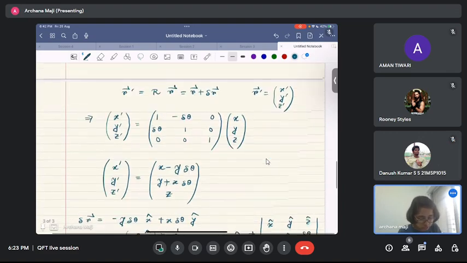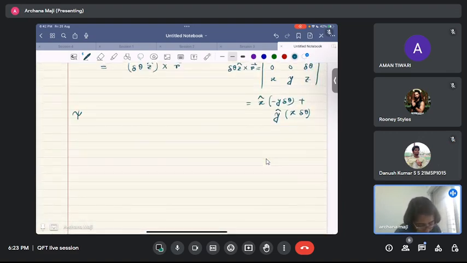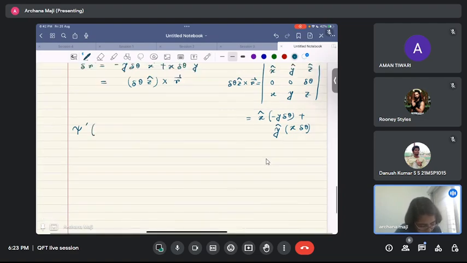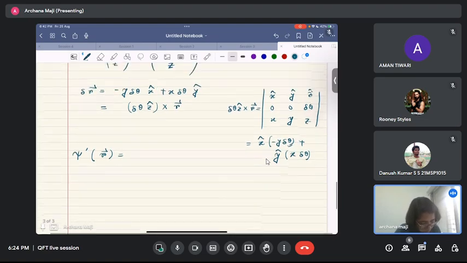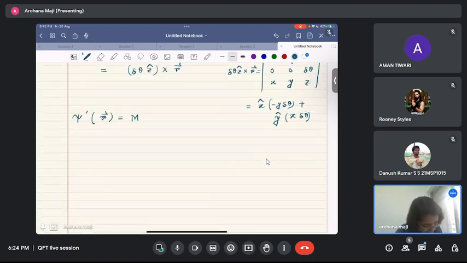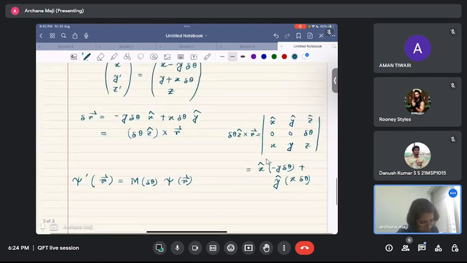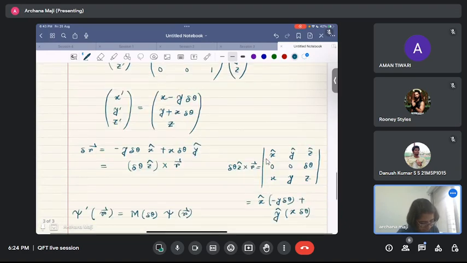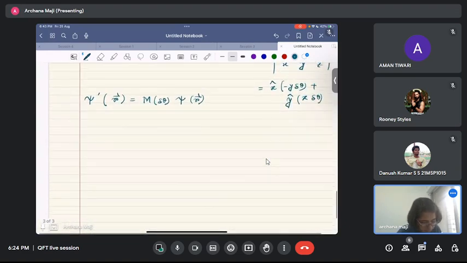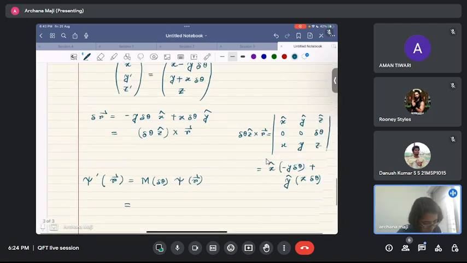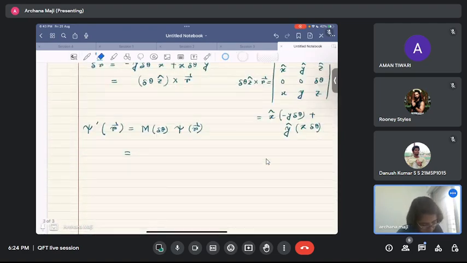Okay. Now let's do the same thing that we did for translation. So psi prime of r is basically some M, which depends on the parameter, acting on psi of r inverse of r.